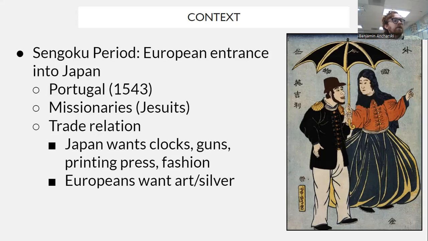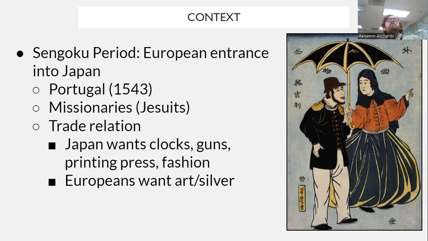But there is a European interest in fashion. There's a European interest in Japanese styles, in Japanese artistic style, but also an interest in Japanese silver. Because remember, China doesn't really want any European goods. They want silver. And if Europe can get it from the Americas, fine.